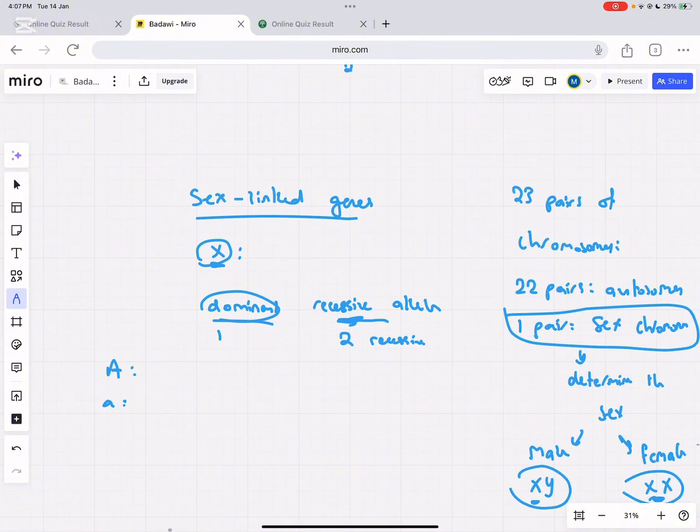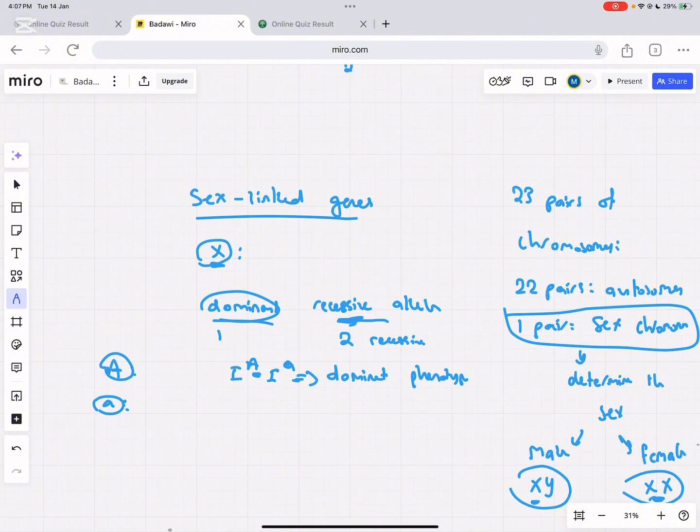So let's say A is the dominant allele and lowercase a is the recessive allele. For a person to show the dominant phenotype, he only needs one dominant allele. If the other allele is recessive, he will still show the dominant phenotype.